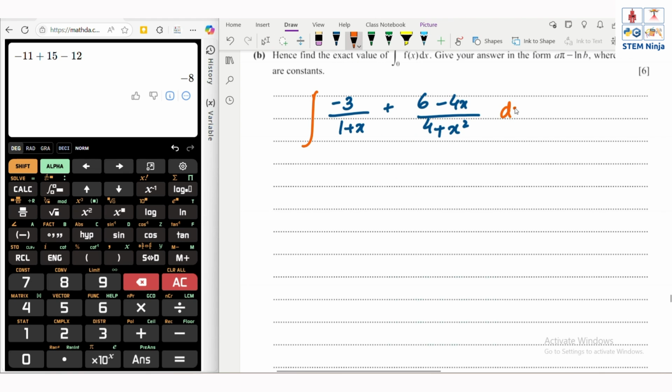This will be handled with ln. This will be handled with tan inverse. And also we will need to split it.